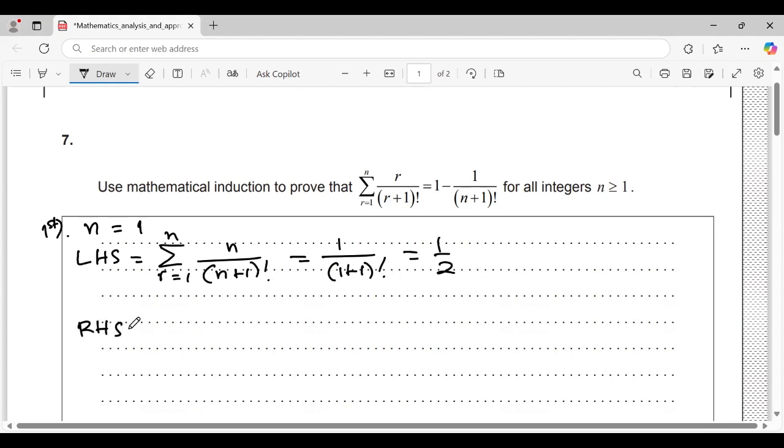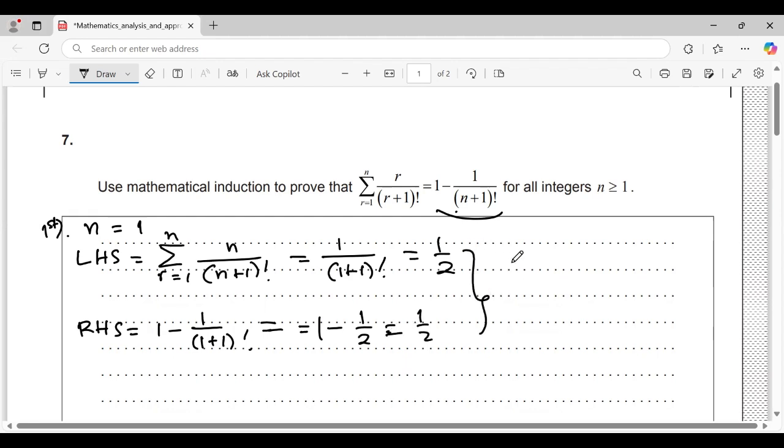Right-hand side: 1 minus 1 over (1 plus 1) factorial, so it equals 1 minus 1 half, which is 1 half.